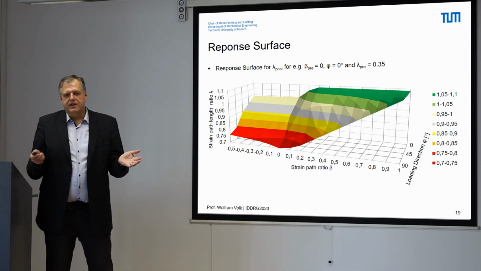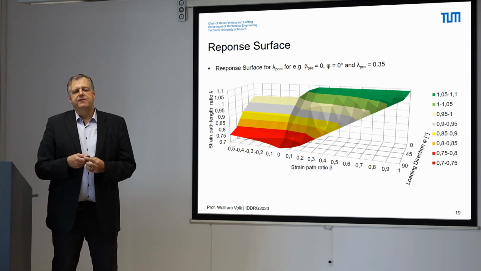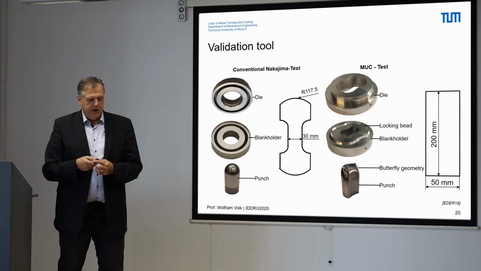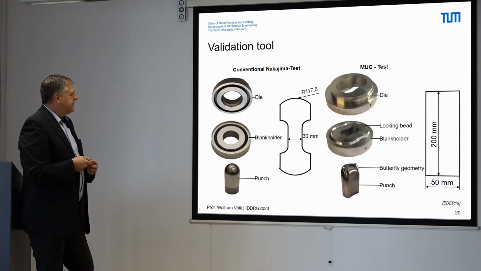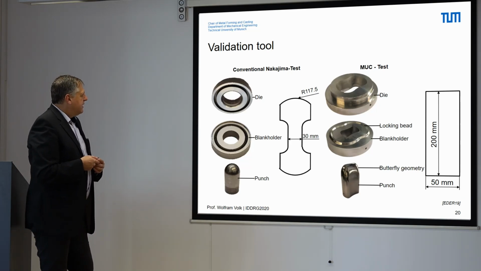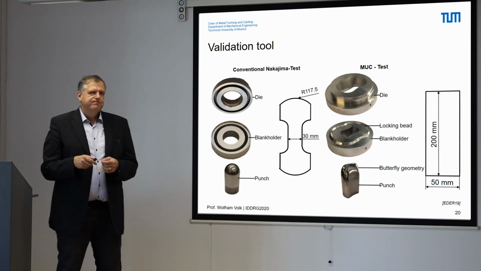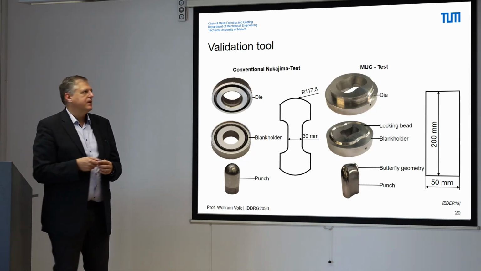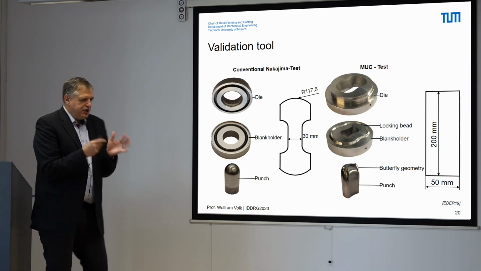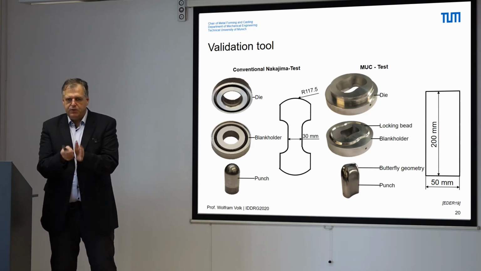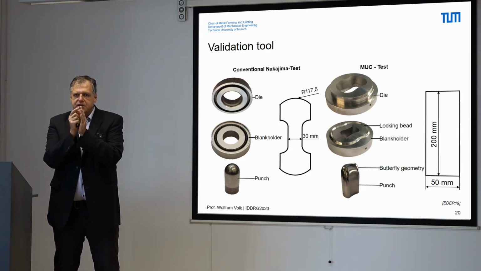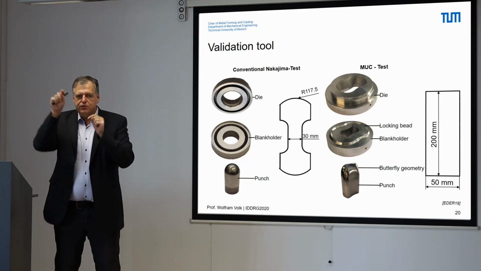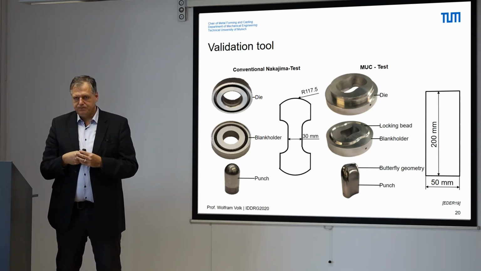No model without validation, especially when we have a phenomenological model. For validation, we have designed a new tool, also at our institute, which is similar, but in details really different, to a Nakajima test. In the Nakajima test, the objective is to have a clearly defined strain path to analyze strains in one direction to have a point on the FLC.